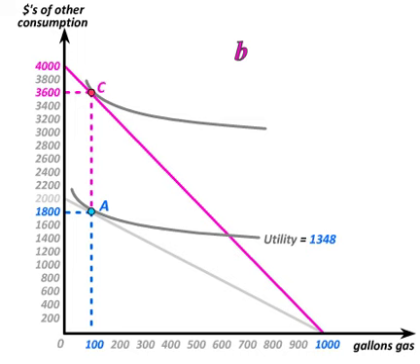When we try to solve for the substitution effect, however, we're going to ask the hypothetical question of what the minimum budget is that a consumer would require in order to reach his original indifference curve. We can plug bundle A into the utility function to find that the label on the original indifference curve is 1,348.